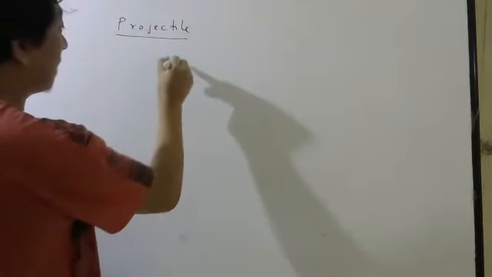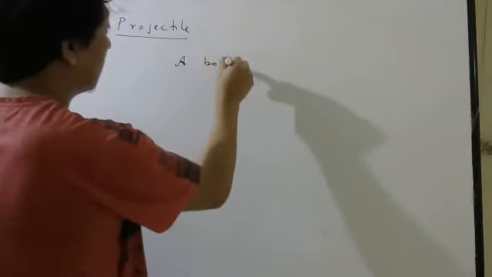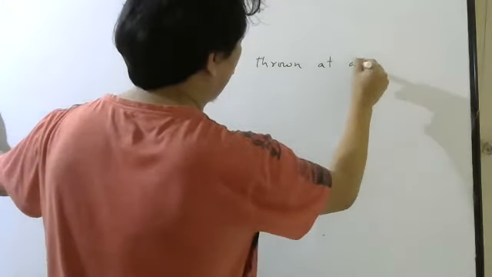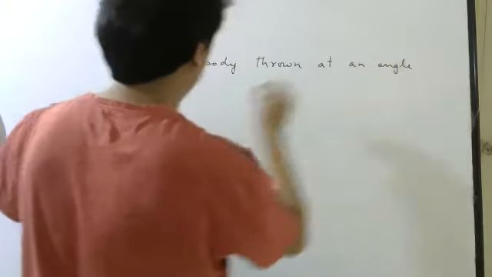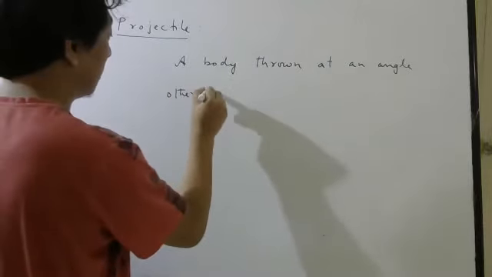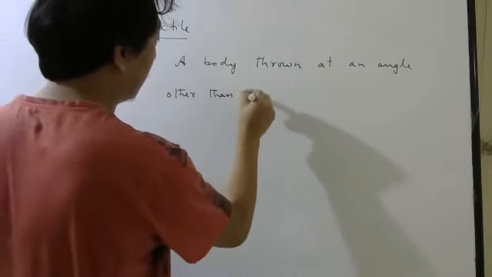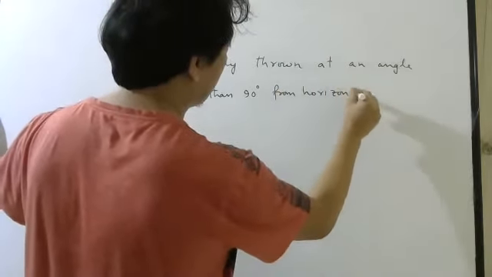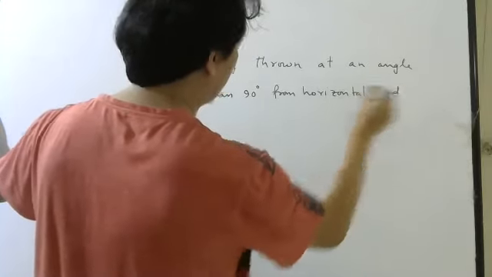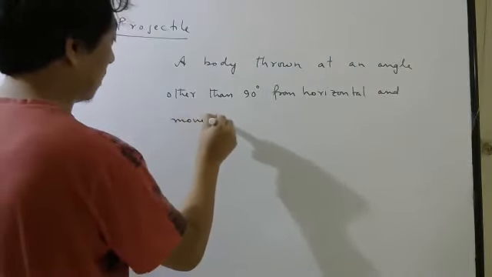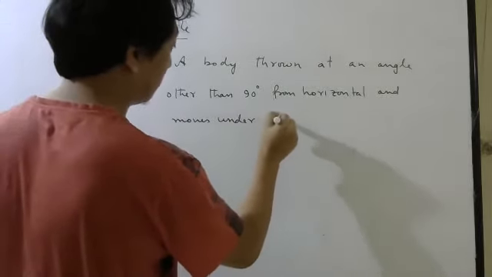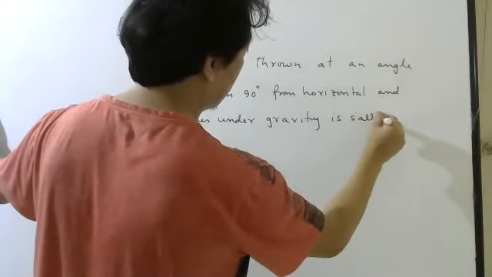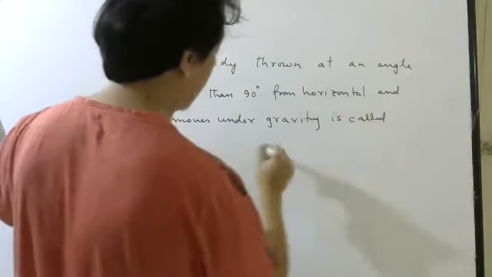Projectile means, write the definition: a body thrown at an angle other than 90 degree from horizontal and moves under gravity is called a projectile.